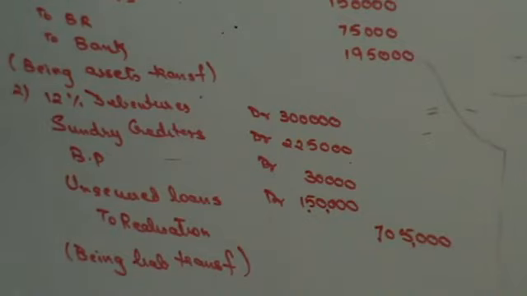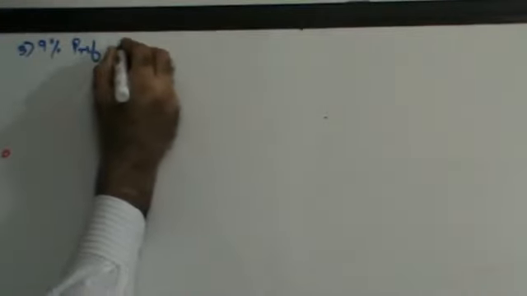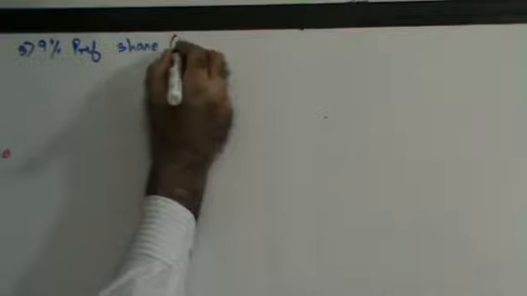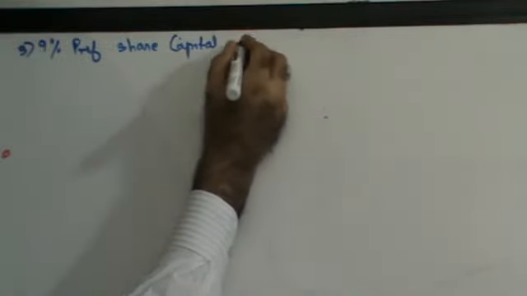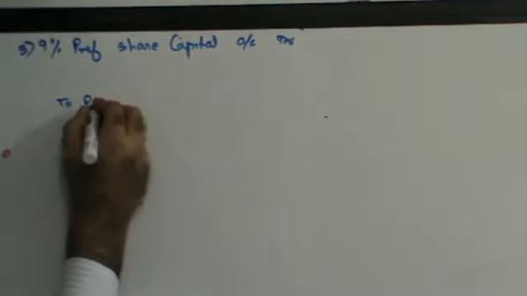Once you have finished transferring the liabilities, the next thing that you will do is you have to transfer the preference shares. Let's see how do we transfer the preference shares. You will have preference share capital account debit, 9% preference share capital account debit to preference shareholders.